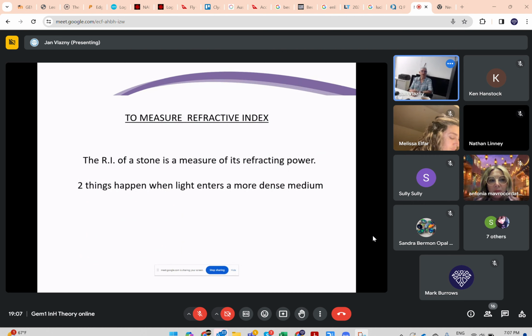So now, how do we measure refractive index? So what are the two things? We're talking about light going from less dense to more dense. What are the two things that happen? Slows down and bends towards normal.